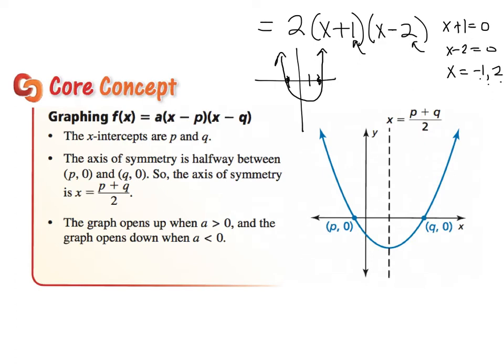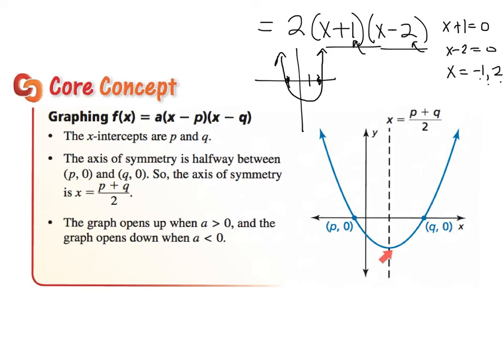But you get the idea that these are going to tell you where it crosses the x-axis. So here we go. x minus p and x minus q. The intercepts are p and q. They would be (p, 0) and (q, 0). The axis of symmetry is halfway between those points.